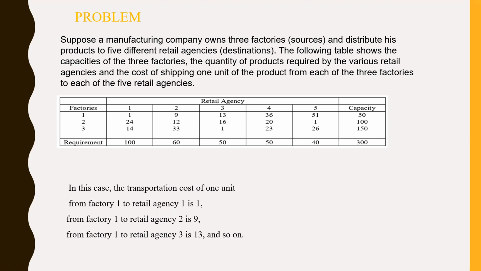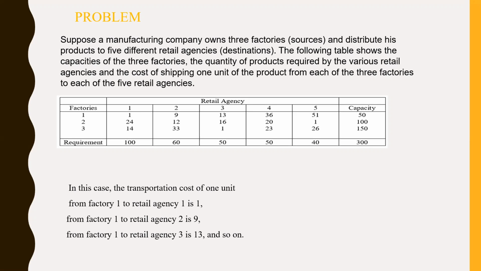The following table shows the capacities of the three factories, the quantity of products required by the various retail agencies, and the cost of shipping one unit of the product from each of the three factories to each of the five retail agencies.